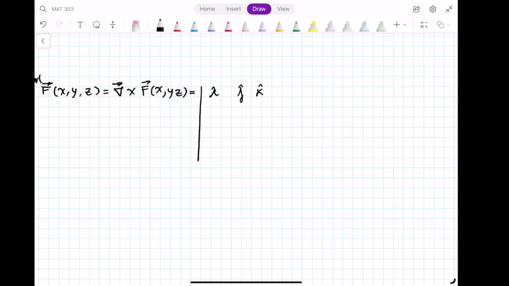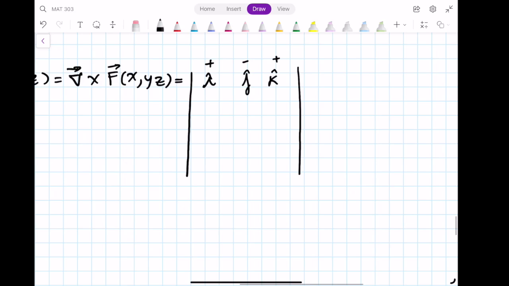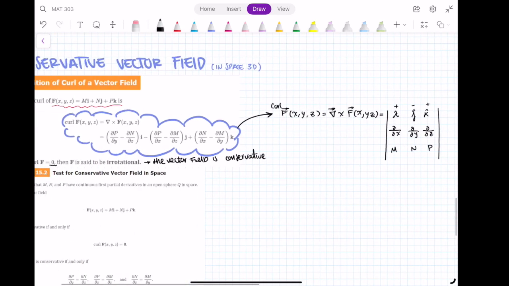Remember that it is just cross products, so it will probably be easy to understand like that. So the partials with respect to x, then the partial with respect to y, and then the partial with respect to z, and then M, N, and P. See if you see it here, right?